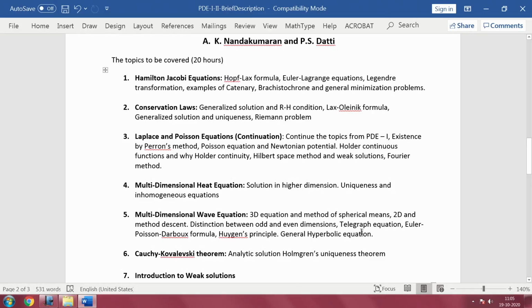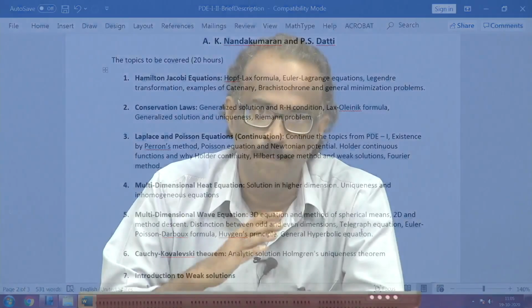After that, maybe a quick discussion about the introduction to modern weak solutions. The whole of PDE for the last 50 to 70 years has been studied based on this modern concept, which requires a larger amount of functional analysis. So, we will not be able to cover weak solutions extensively.